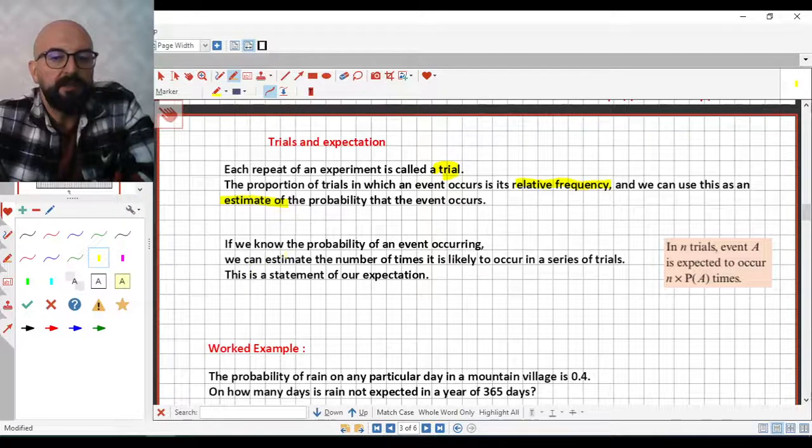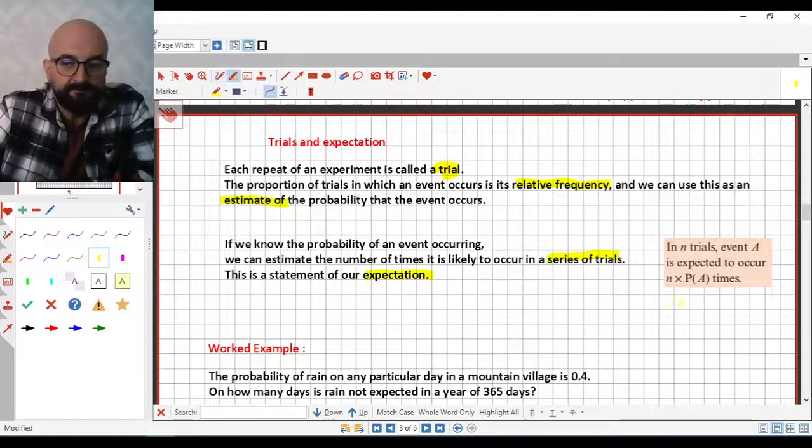If we know the probability of an event occurring, we can estimate the number of times it's likely to occur in a series of trials. This is a statement of our expectation.